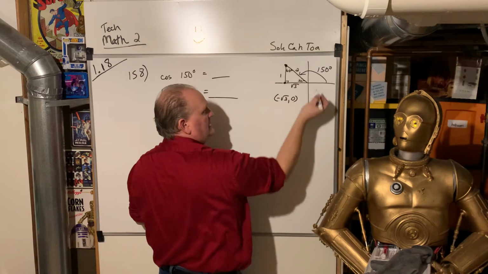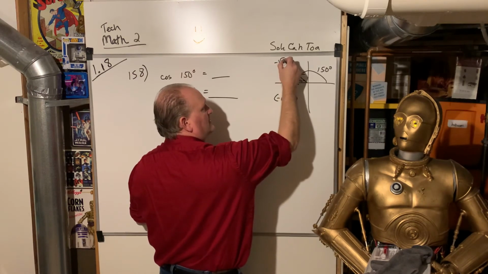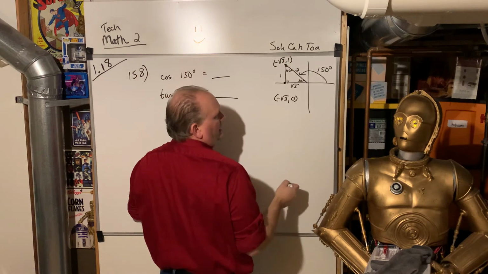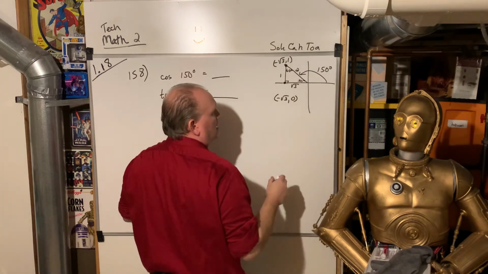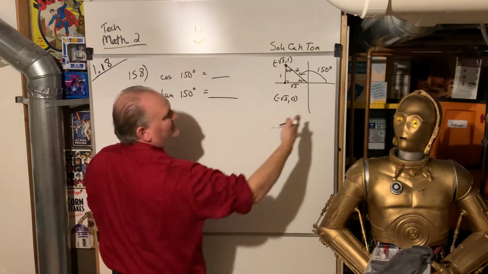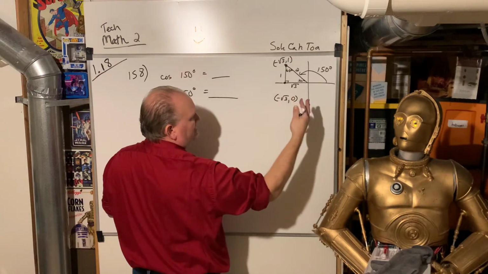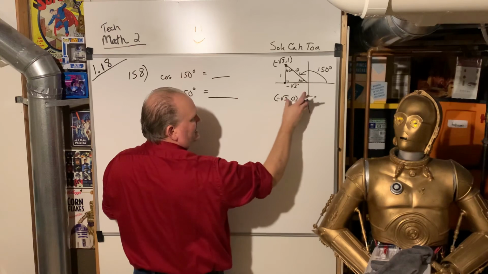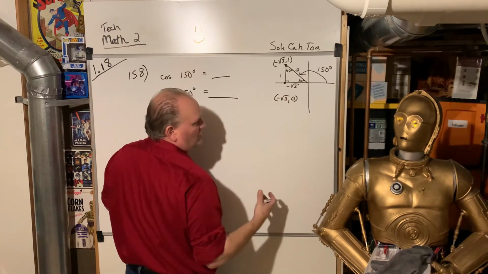This coordinate right here is negative square root of 3, comma, 1, and that's 2. So because of where it is, I know lengths can't be negative, but we'll just put the negative on there to notate where it is on the coordinate plane.